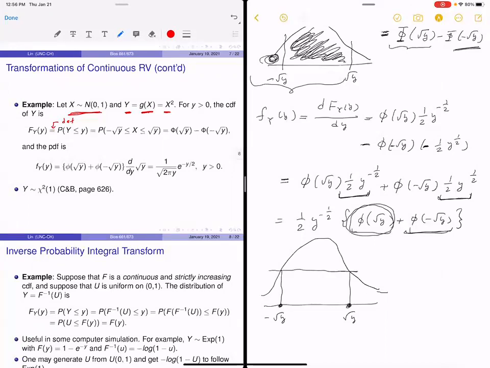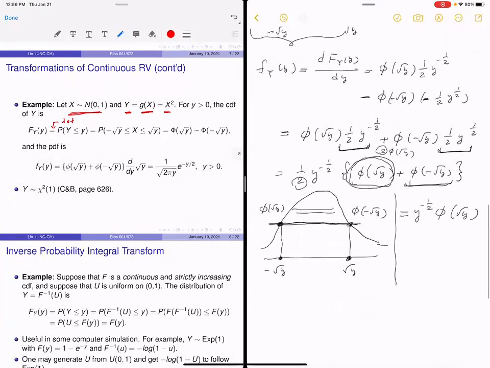The whole curve is the PDF of normal 0, 1. So of course this is phi of square root of y, and this is phi of minus the square root of y. What does that tell you? These two are equal, right? They're the same height right here. That means eventually I can write this as 2 times phi of square root of y, cancelling out, eventually becoming y to the minus half times phi of square root of y.